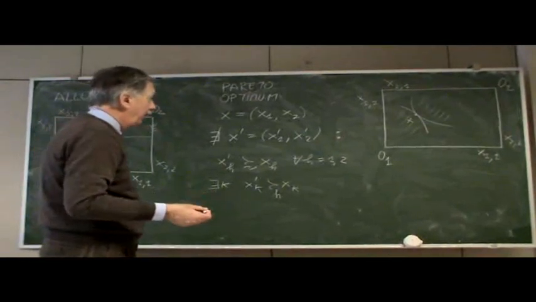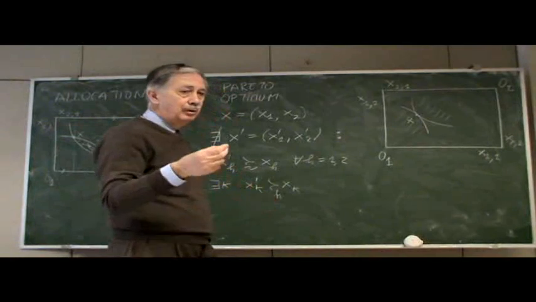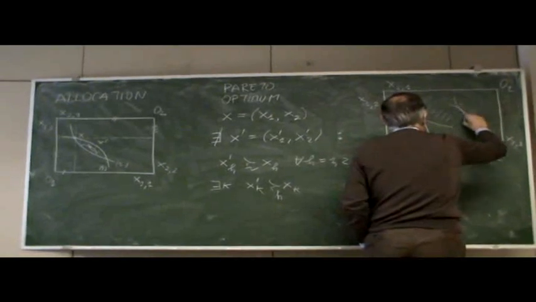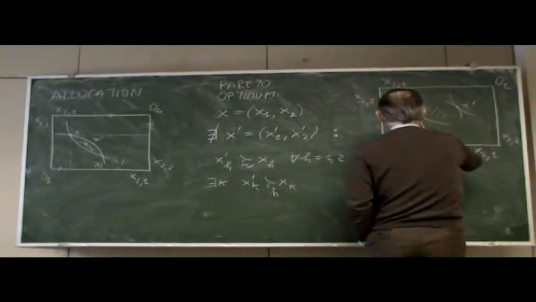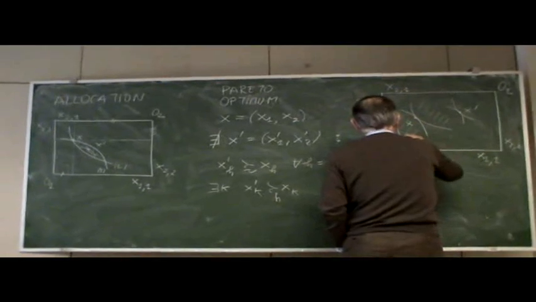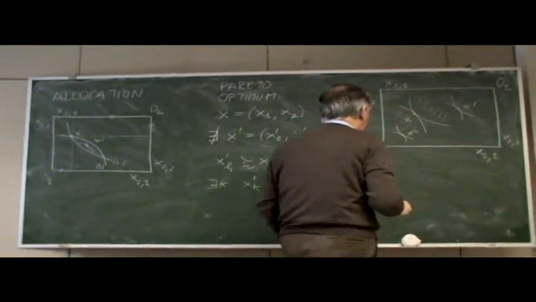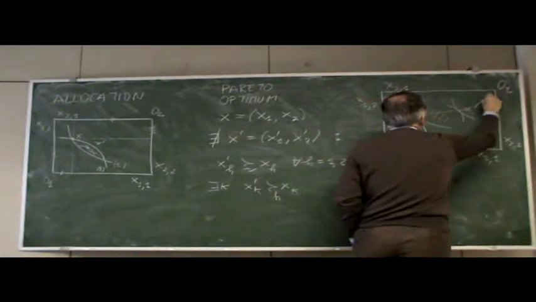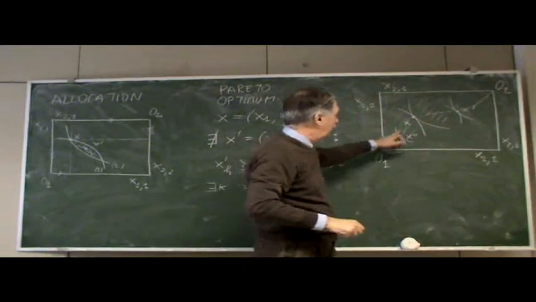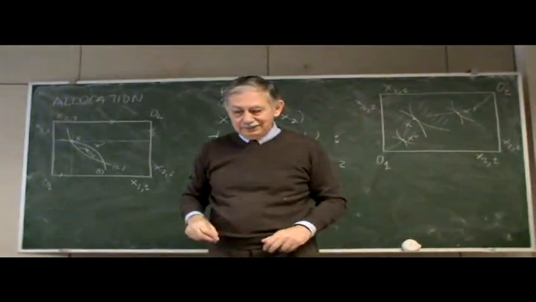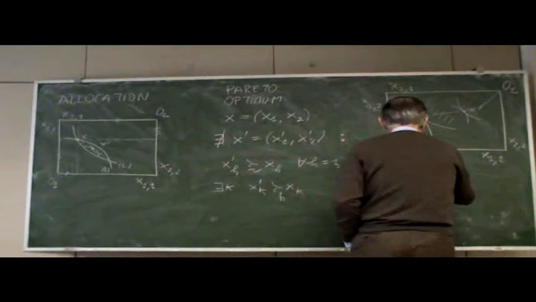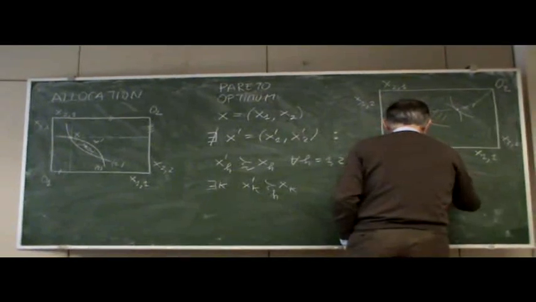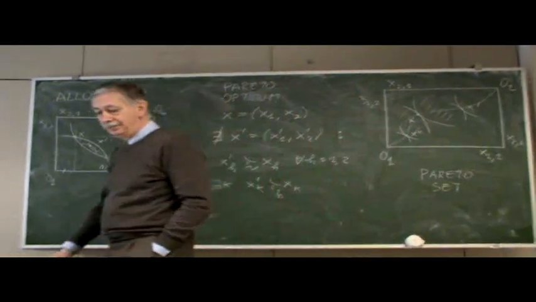You remember surely that there is more than one Pareto optimum. For example, also this point is a Pareto optimum, also this point, and so on. There are many Pareto optima. The set of all Pareto optima, which is this dotted path, is the so-called Pareto set, the set of allocations which are Pareto optima.